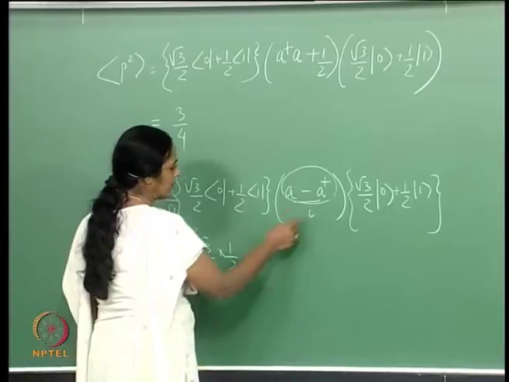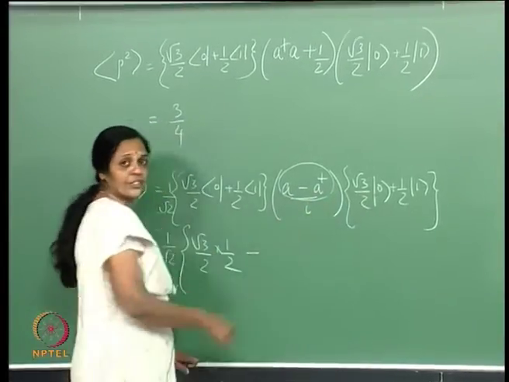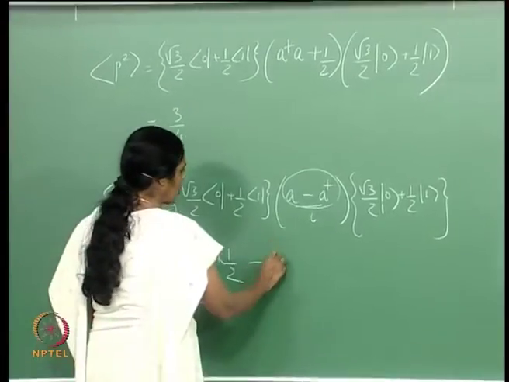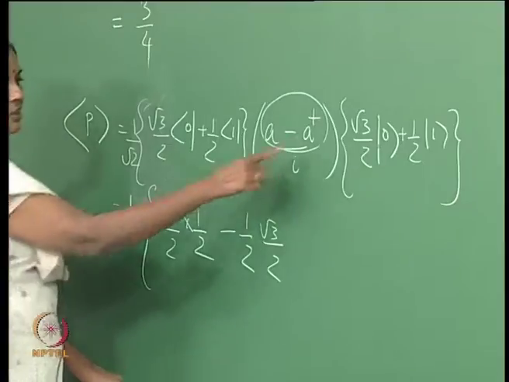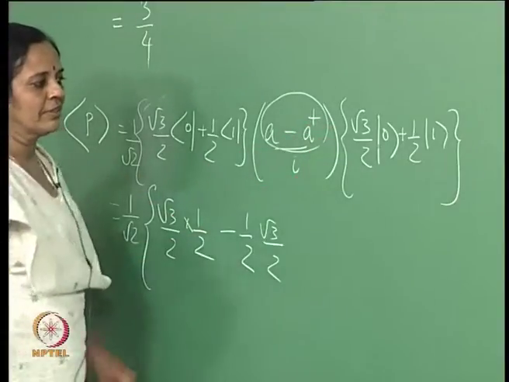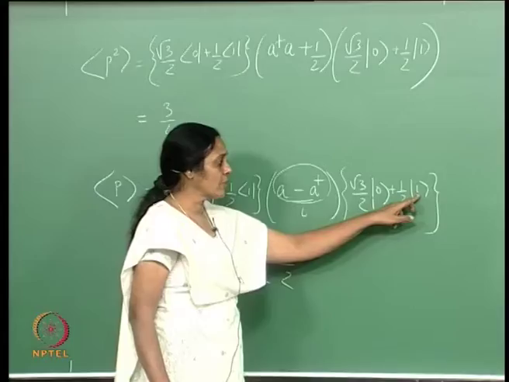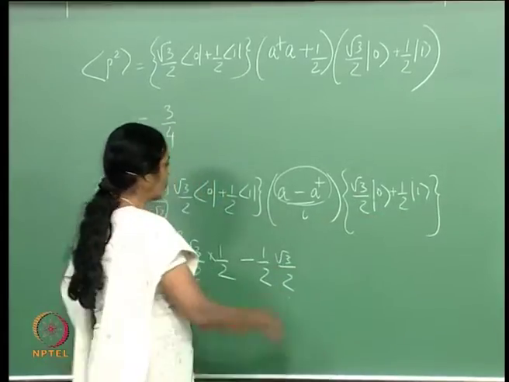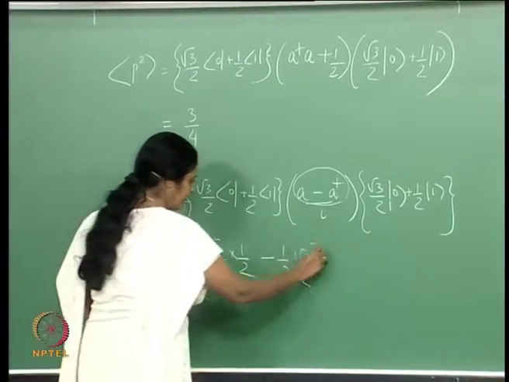Now, look at A dagger. A dagger acts on ket 0, takes it to ket 1. So, there is a contribution, but the coefficients are a half from here and a root 3 by 2 from there. There is no contribution when A dagger acts on ket 1, because it takes it to ket 2, and I do not have bra 2 on this side.